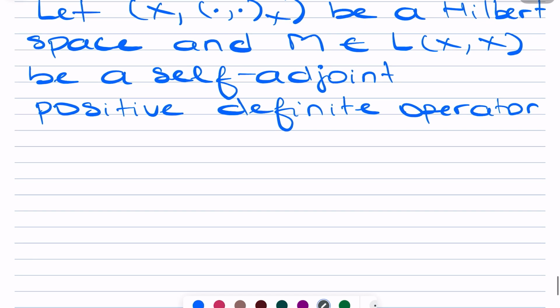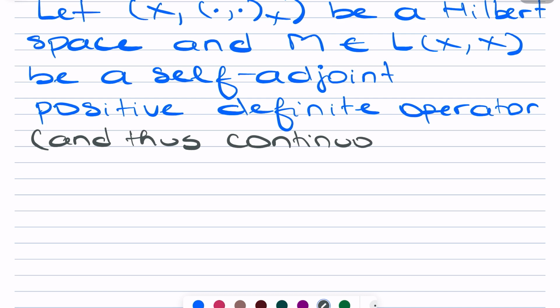So let me just write it here. And it's continuously invertible. Again, as I said, functional analysis is actually one of the cornerstones of mathematics.